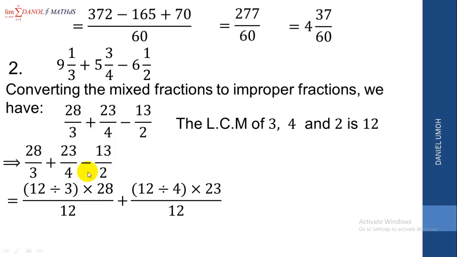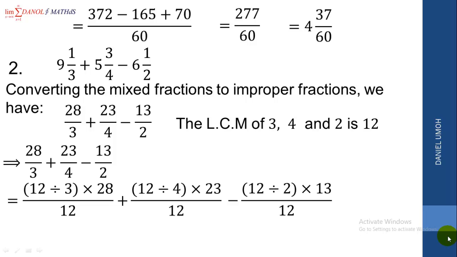For the second one, we say 12 divided by 4 times 23, we got this, right? Then this other one, we say 12 divided by 2 times 13, so we got this. I hope you understand this.